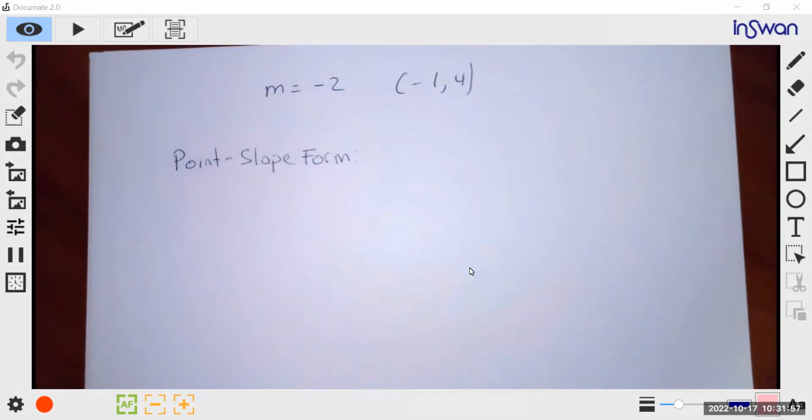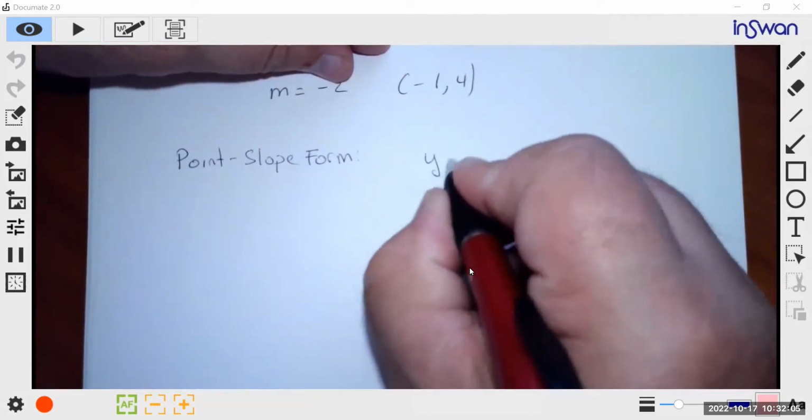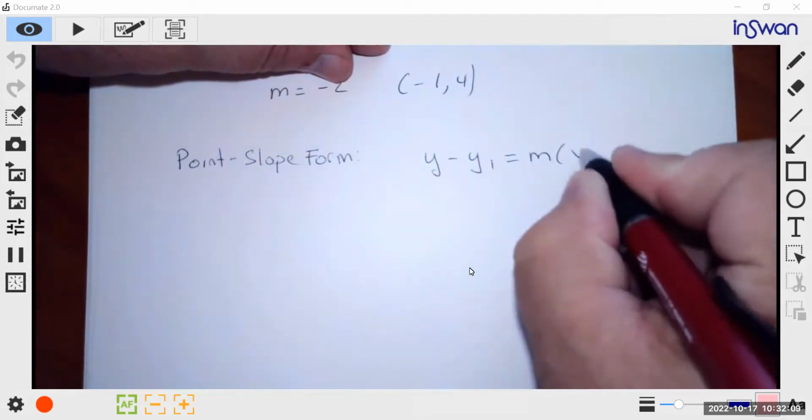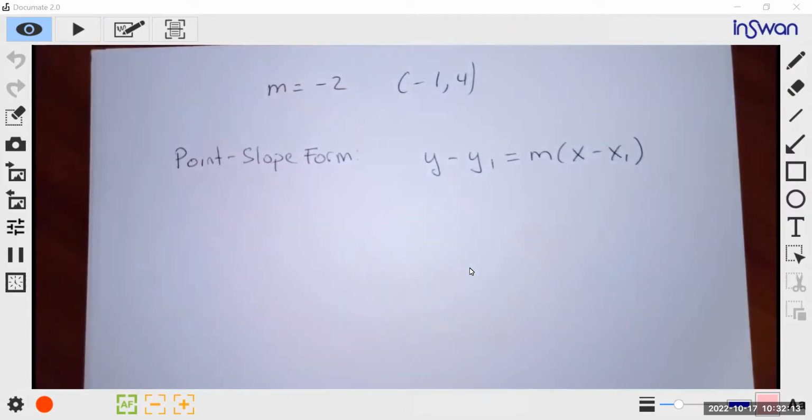We've been using the slope intercept. The point slope form looks like this. Can you guess where that came from?